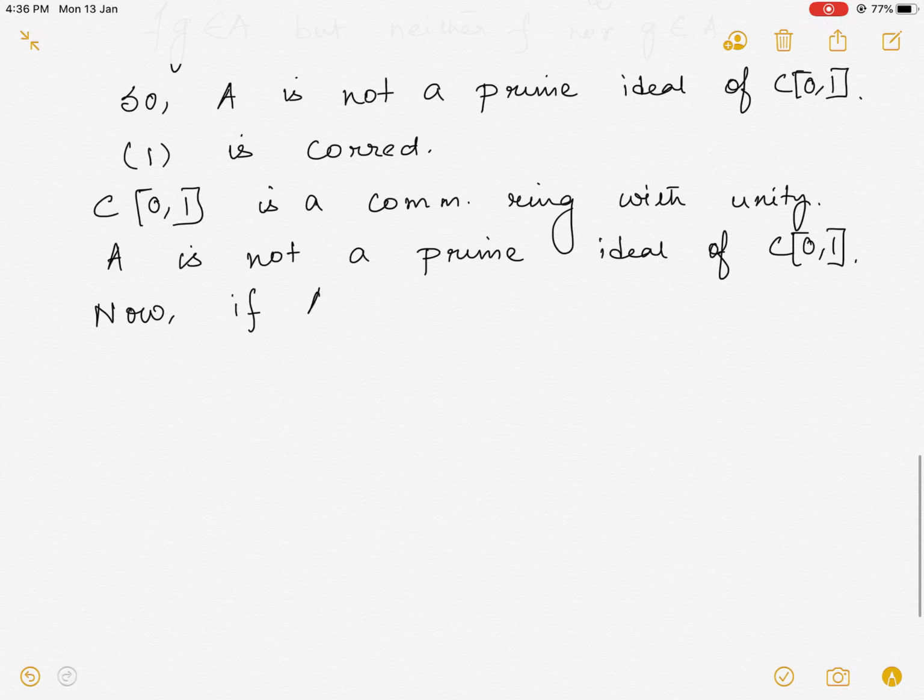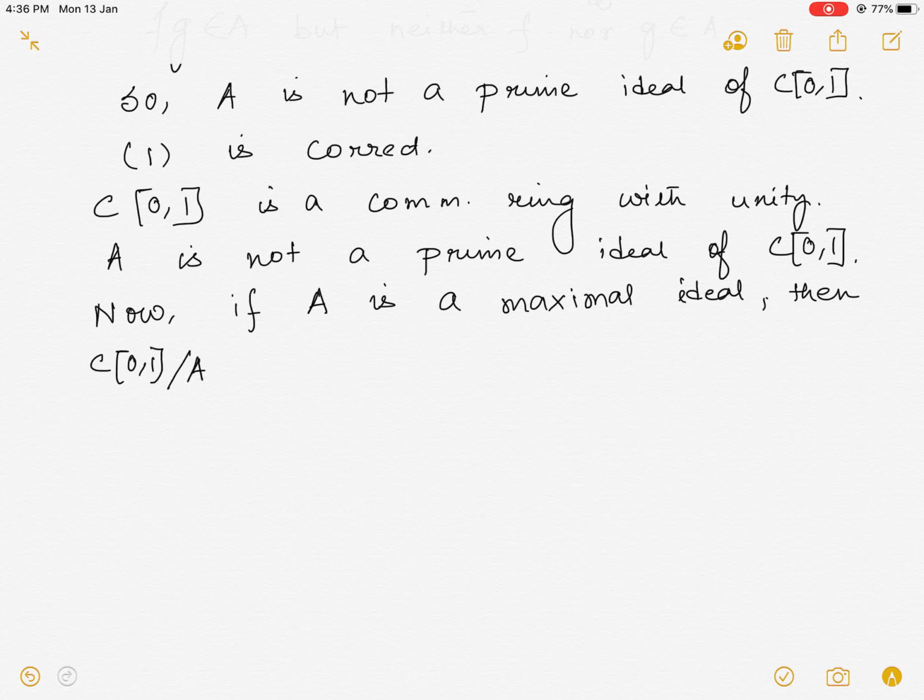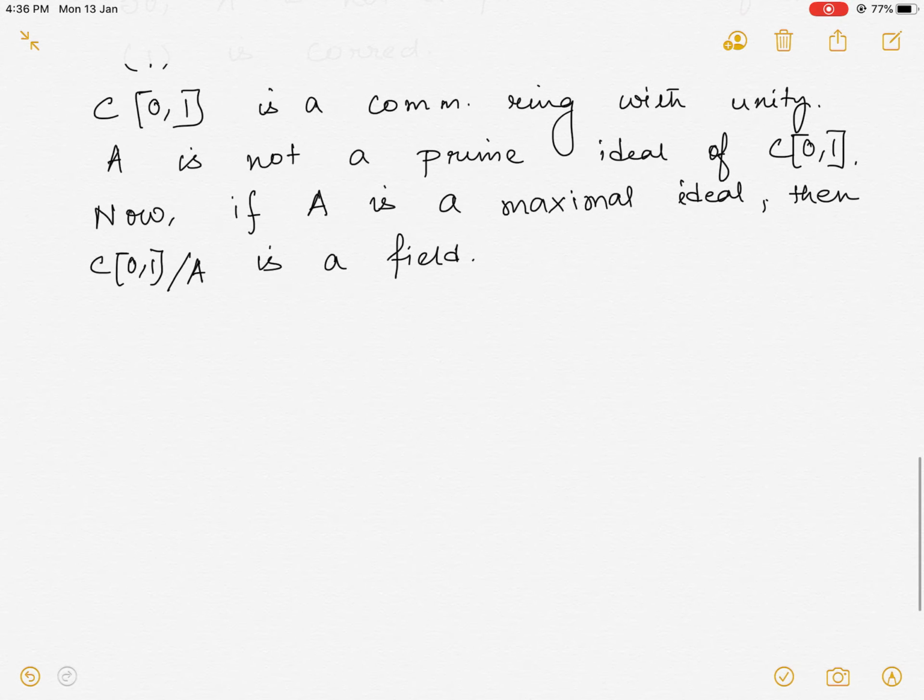Now, if A is a maximal ideal, we will check what happens. If A is a maximal ideal, then C01 factor A is a field. This comes from two theorems.